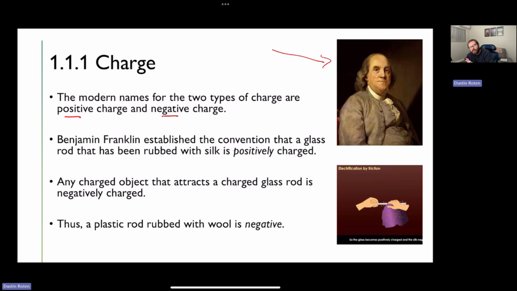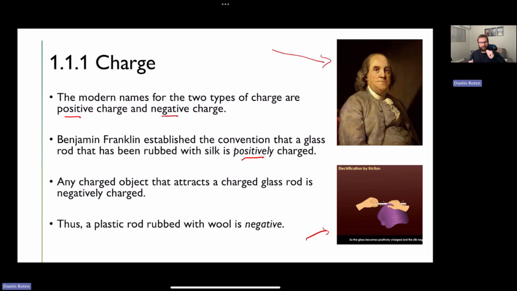He came up with the whole idea of positive and negative based on the fact that if you take a glass rod, like the one down here in this GIF, hopefully the GIF is playing for you, and you rub it with silk, he decided that was a positive charge. Okay, that's fine. You can make up that definition.